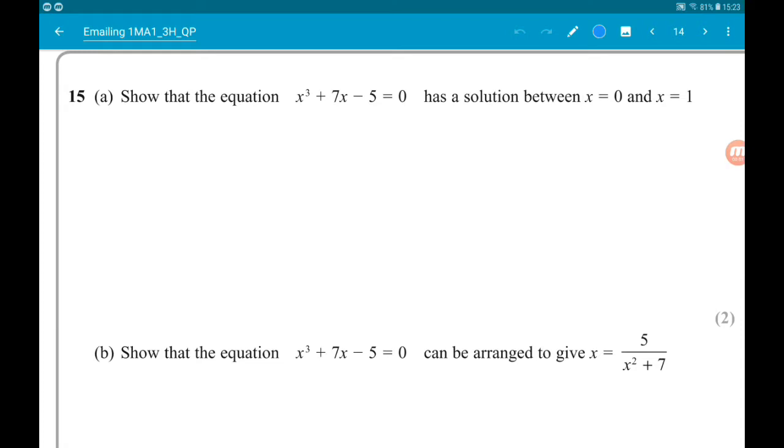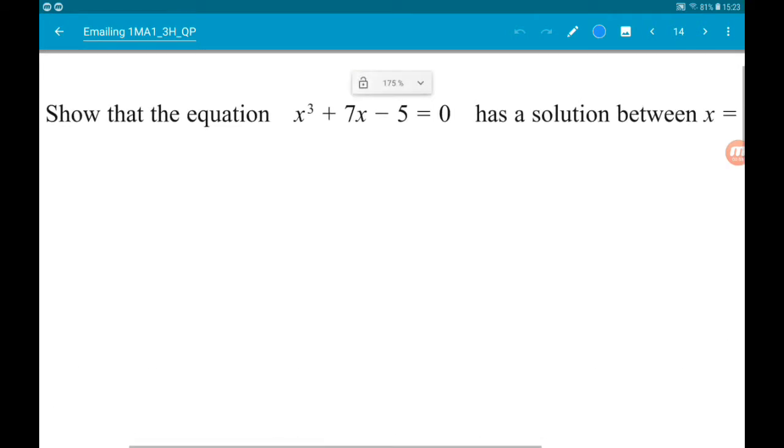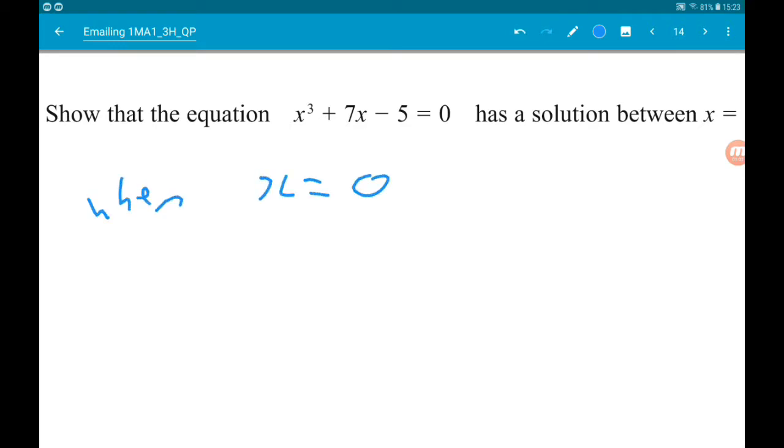Let's just say when x is 0, we get 0 cubed add 7 times 0 minus 5, so that's just minus 5.